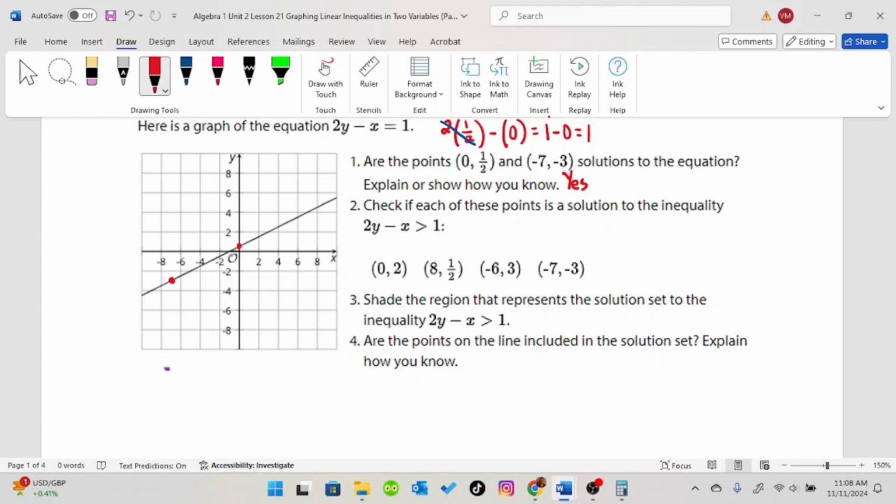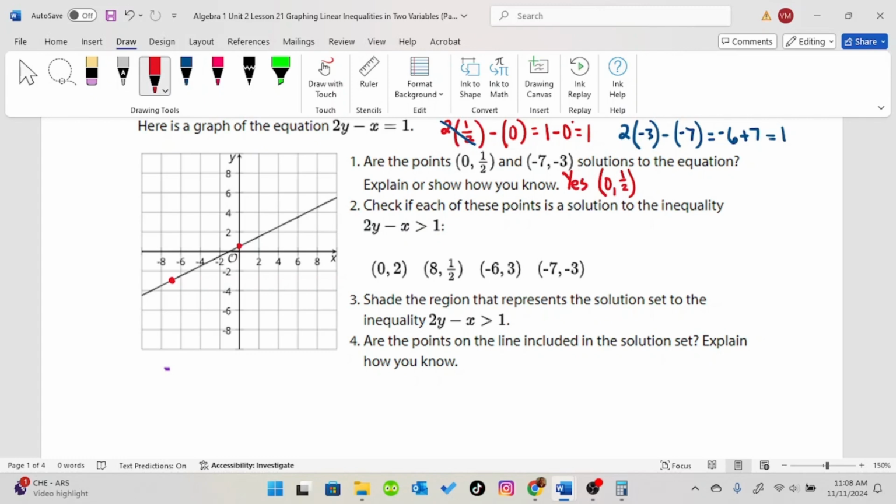So yes, (0, 1/2). Now let's check the other. We would have 2 times y, which would be -3, minus x, which would be -7. 2 times -3 is -6, minus a negative 7 becomes plus 7, and negative 6 plus 7 does equal 1.